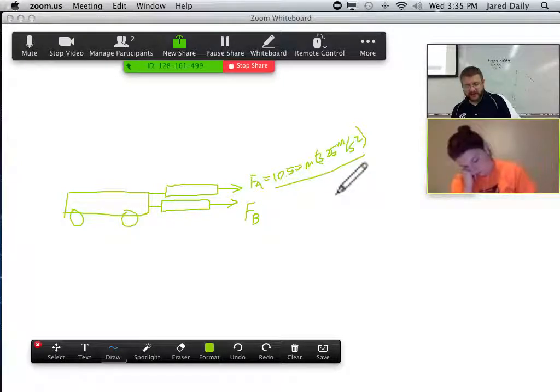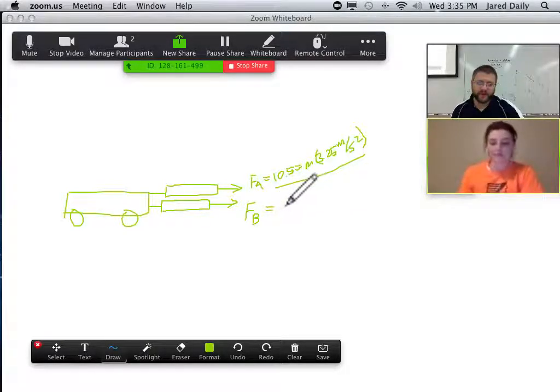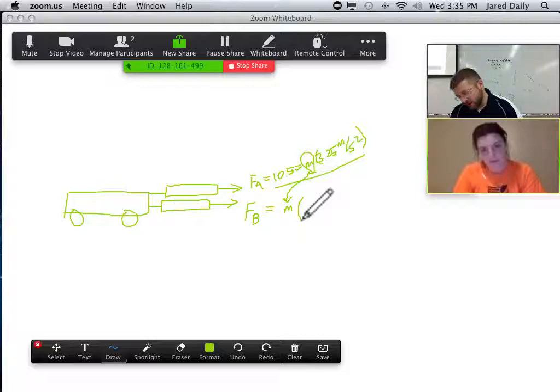And then when they pull with the other force, the other scale, FB, it gives you a total acceleration of 5.5 meters per second squared, which means FB is going to equal the mass from the first one, plugged in after you solve for that mass. You plug that mass in down here, and you put in the remainder of 5.5 minus 3.25.